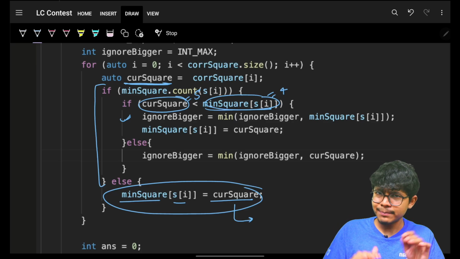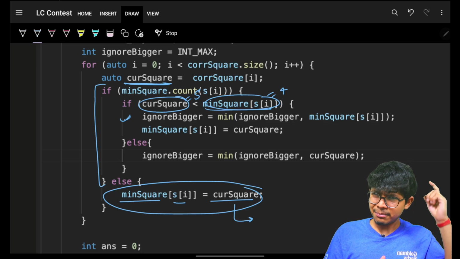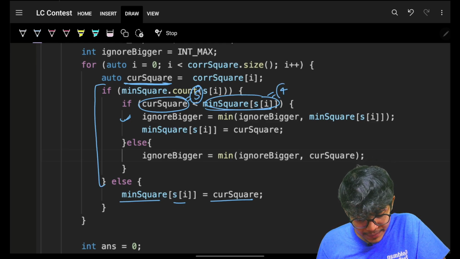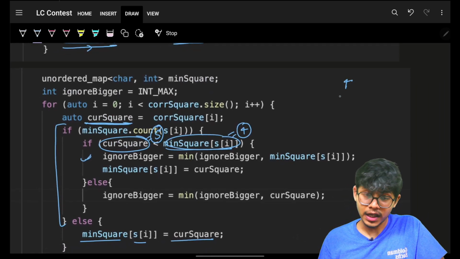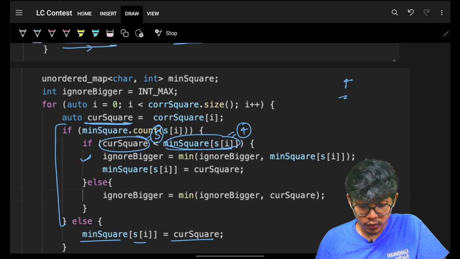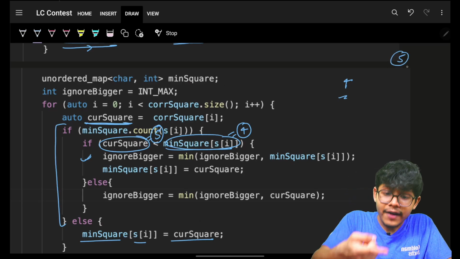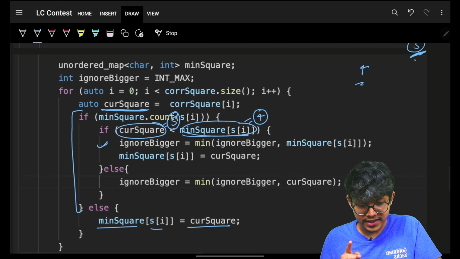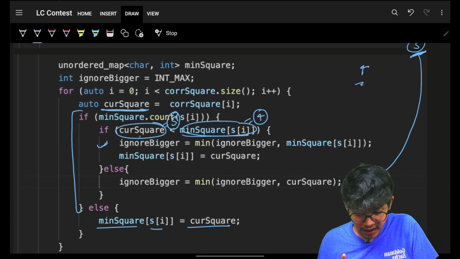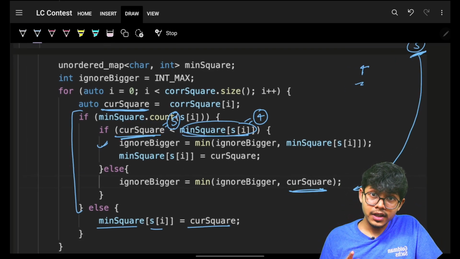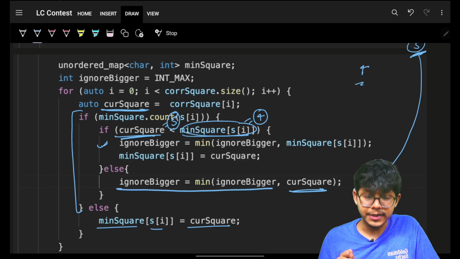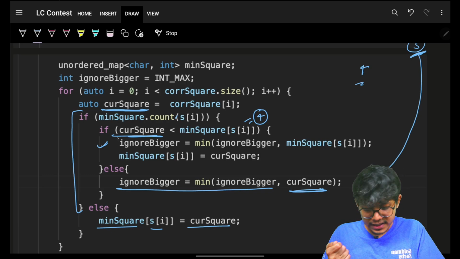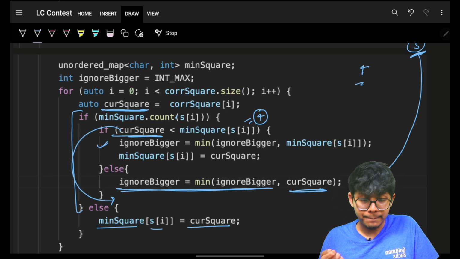But technically, if the current was a 5, your minimum was a 4, which means you had a small value earlier, and you are getting a next value as a 5. So technically this will define the boundary now. That's the reason the incoming current square will define my boundary. So even if the current square is bigger, it can still define my minimum boundary.